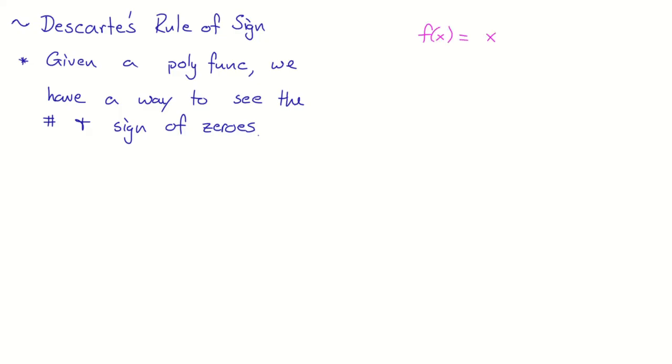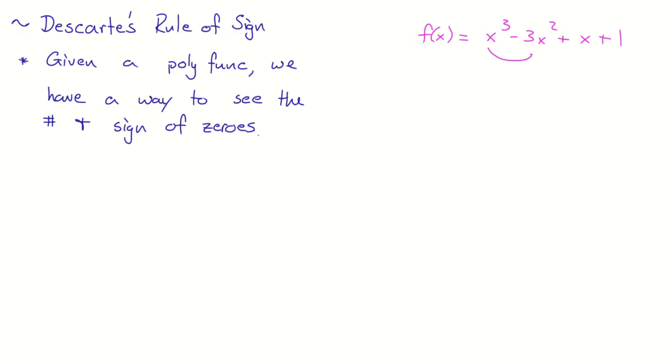If I give us this, x cubed minus 3x squared plus x plus 1. If I asked you, how many times does f of x change signs? How many do you notice? 2. I hear 2 and I hear 3. Well, let's check. Walk me through. Do we all agree the first one is from a positive 1x cubed to a negative here?